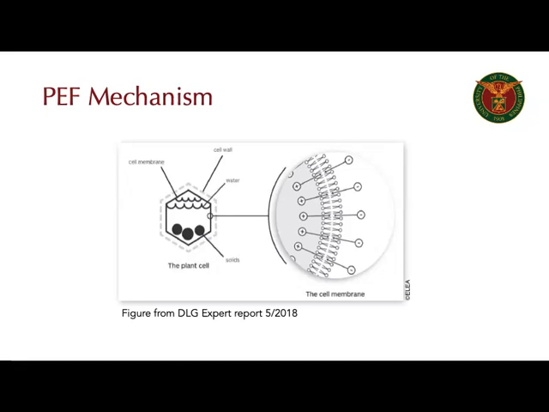In our figure here, we have a plant cell. As we all know, a cell is surrounded by a membrane. If you look closer, when we zoom in here, membranes are made up of phospholipids. Due to the properties of the phospholipids, the membrane can be seen as a non-conductor. So if we apply external voltage, there will be charge accumulation and increased potential.